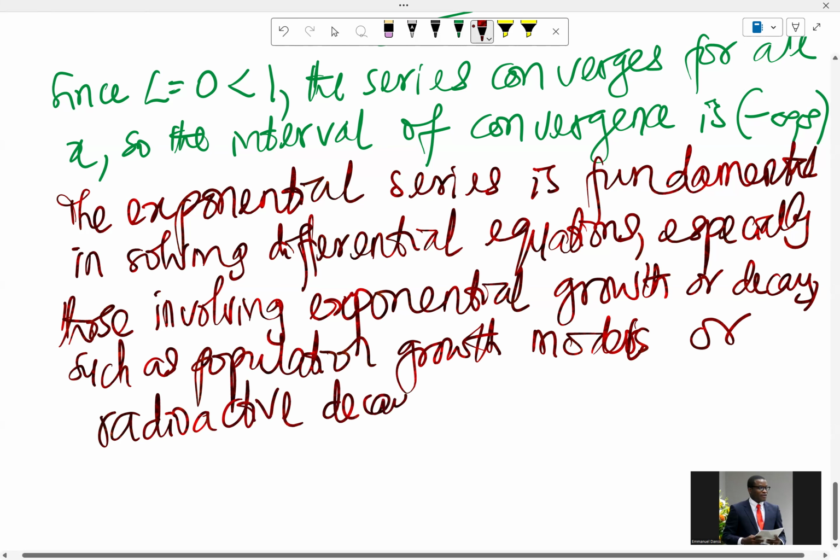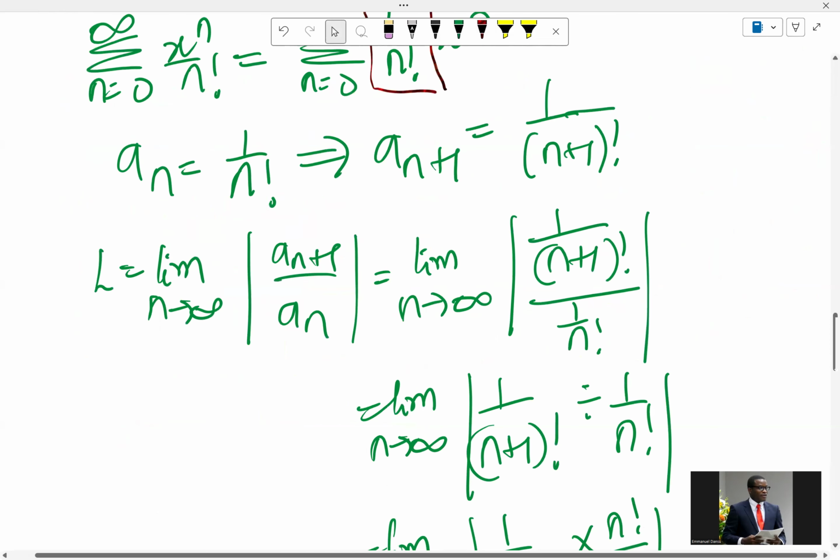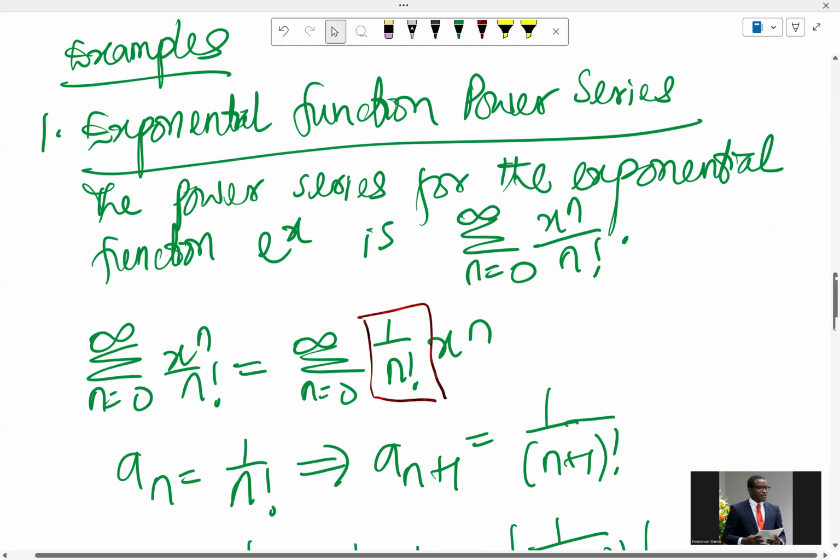So that's its application for the exponential power series.